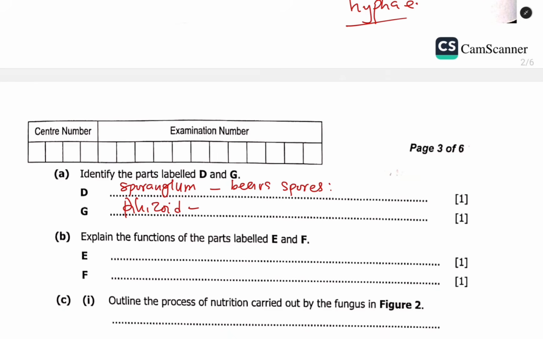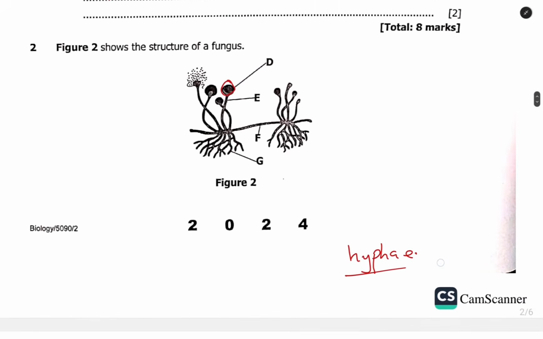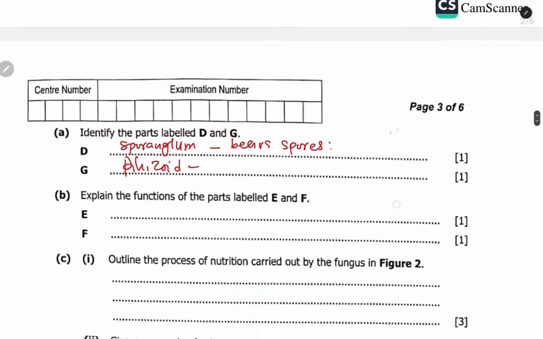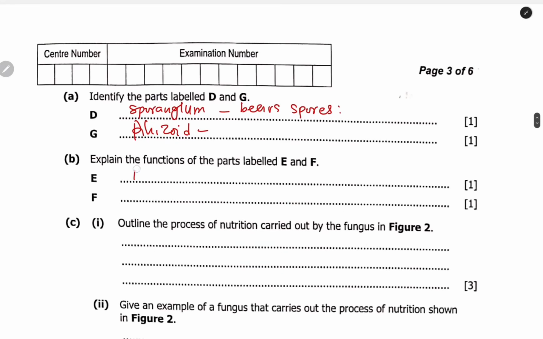Explain the function of the parts E and F. Where is the part E? The part E is this part. Before we give the function of the part, you need to know the part. So the part E is the sporangiophore.